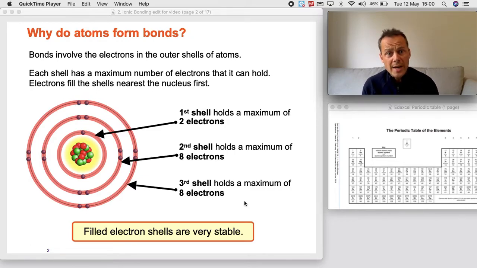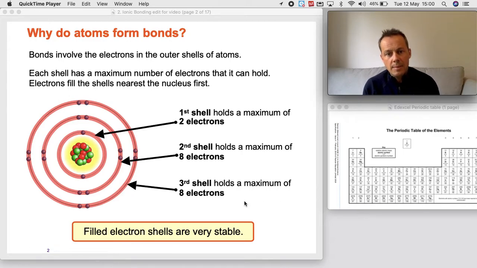What we're really concerned about is what happens at the outermost electron shell. If that outermost electron shell is complete, so there is the maximum number of electrons in that shell, that element is considered stable and it will not react with anything. In this example we have 8 electrons in the outer shell.